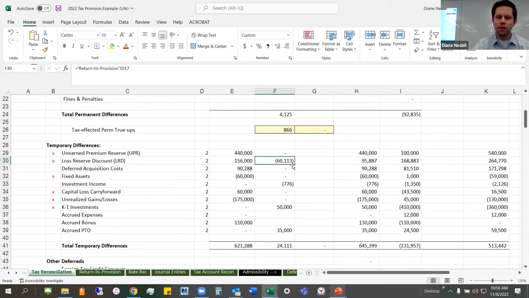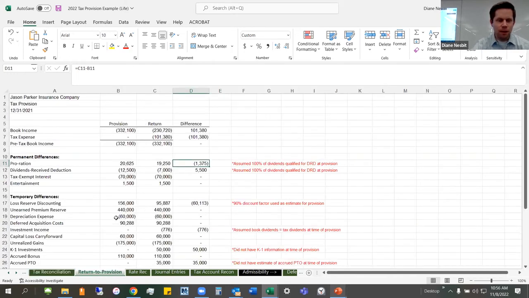So you want to get to what the true difference is. Let's look at a couple of these. Your tax exempt interest was the same, but your DRD was a little bit different, and that will happen frequently.